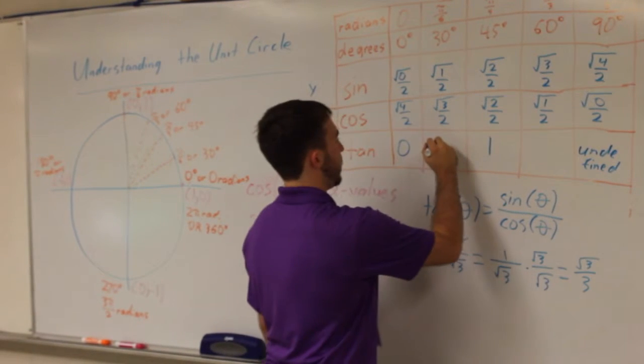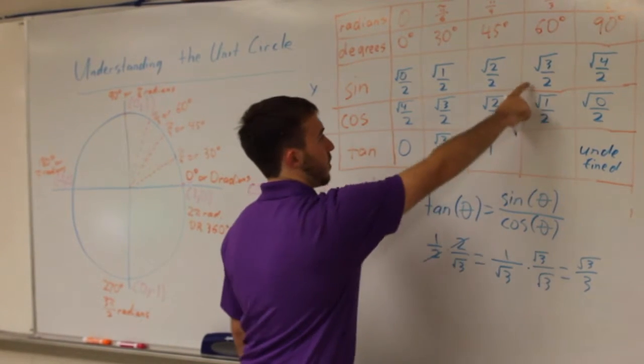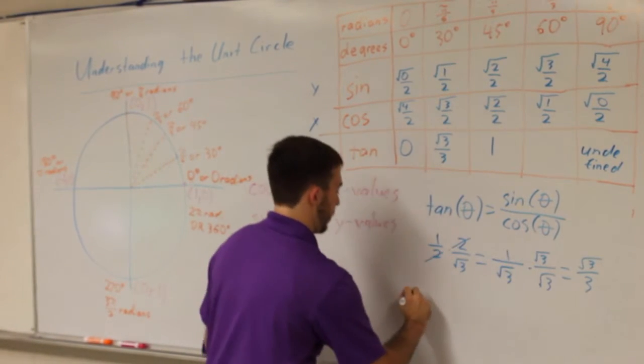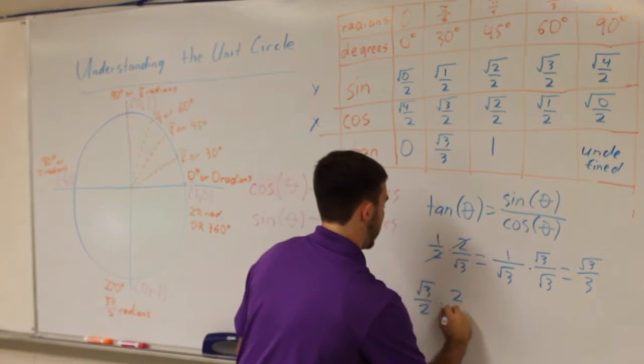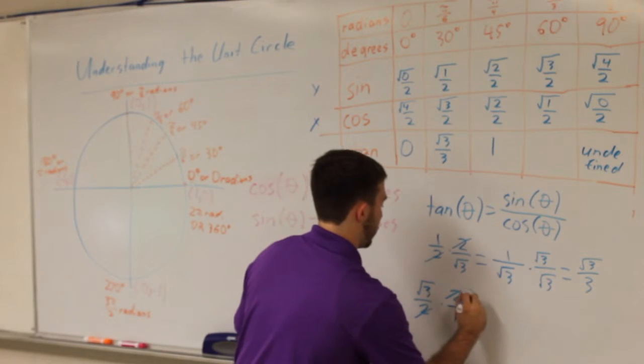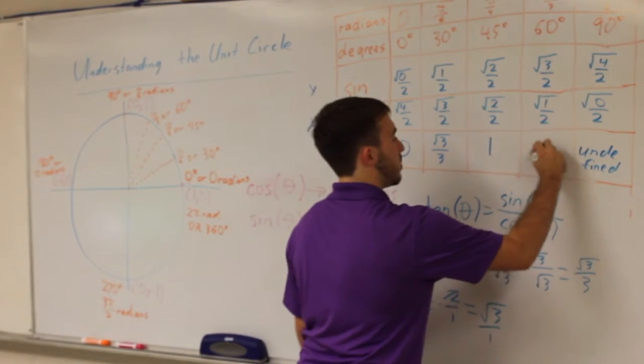So we'll say that this value is root 3 over 3. And for here, same thing. If I flip it, I've got the square root of 3 over 2 times 2 over 1. Those go away. The square root of 3 over 1, which is just the square root of 3.